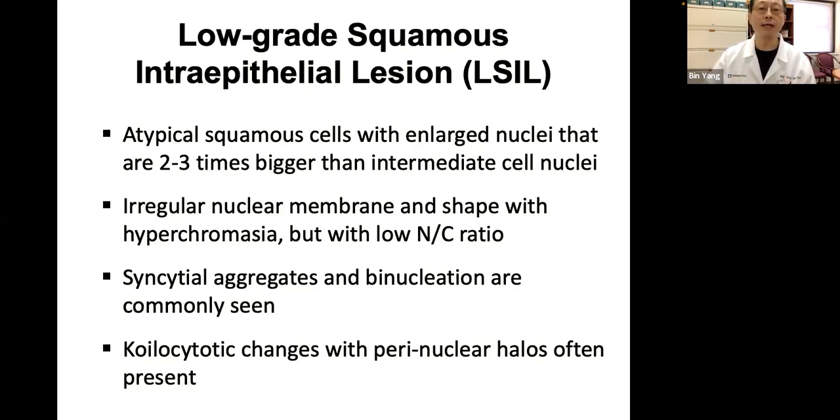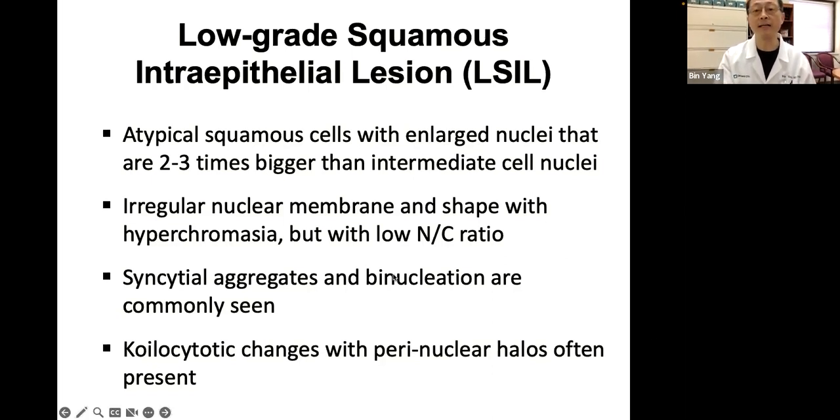The features: they have enlarged nuclei, which you can pick up at low power, 2 to 3 times bigger than intermediate cell nuclei. Not only enlargement, I tell my residents, that's the sensitivity. But the nuclear irregularity, including membrane shape and hyperchromasia, that's the specificity.